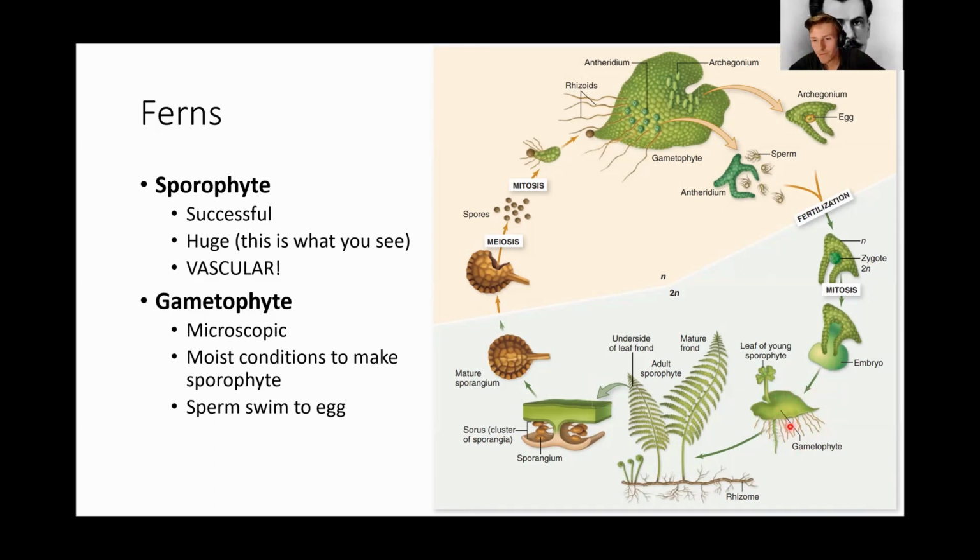So this is the gametophyte, and this is where the egg was fertilized, and the sporophyte is growing out of it. The root, called the rhizoid, is the root of a fern. It's not a real root, so they call it a rhizoid or a rhizome. And there it is, there's the sporophyte.